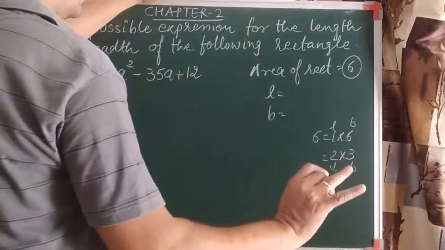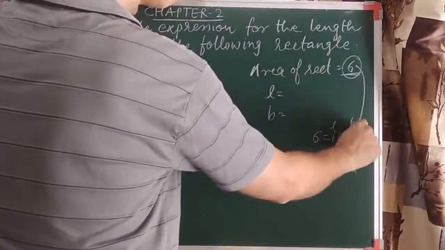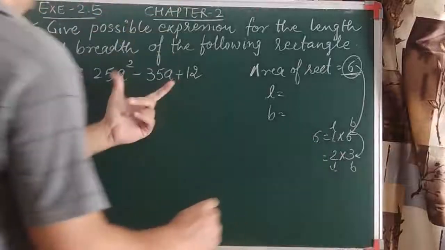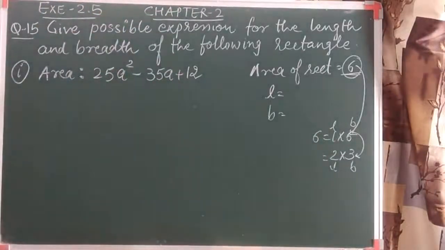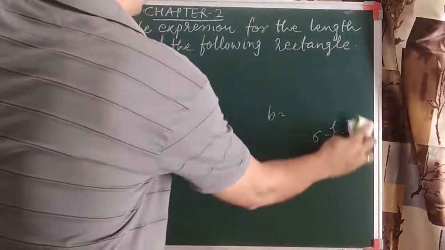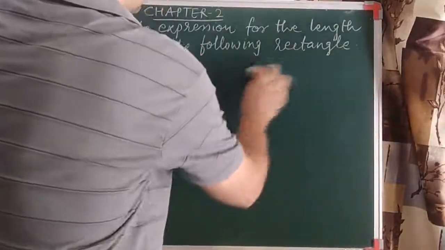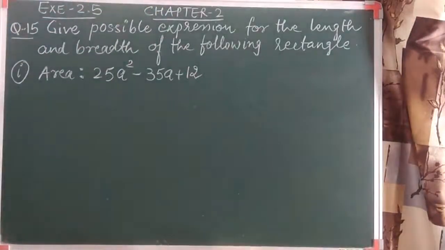So basically, whatever the area given in the question, we have to find the possible factors of it. Got it? So here we should remember that the area is given in the form of a quadratic polynomial. So we have to find the possible factors of this given expression.